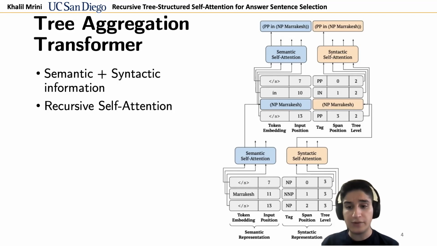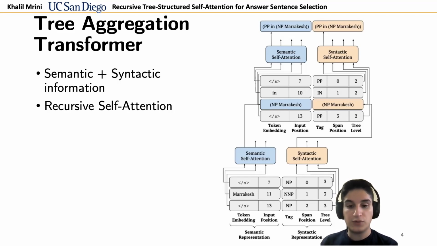Our recursive model allows to represent sentences with as many tree levels as the corresponding syntax tree has. The third embedding represents the position of a token within the constituent span. This position embedding puts the token within its span context, whereas the position embedding of the semantic or language model embedding puts the token within the context of the question sentence pair.